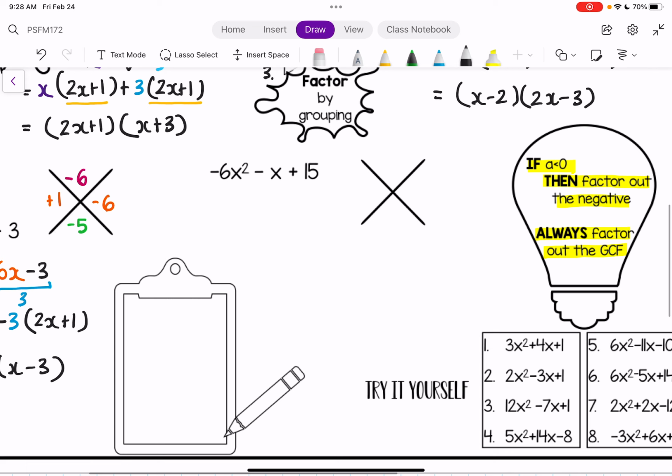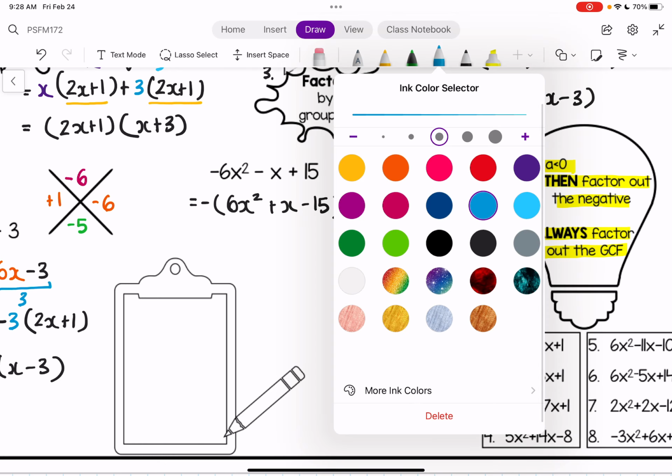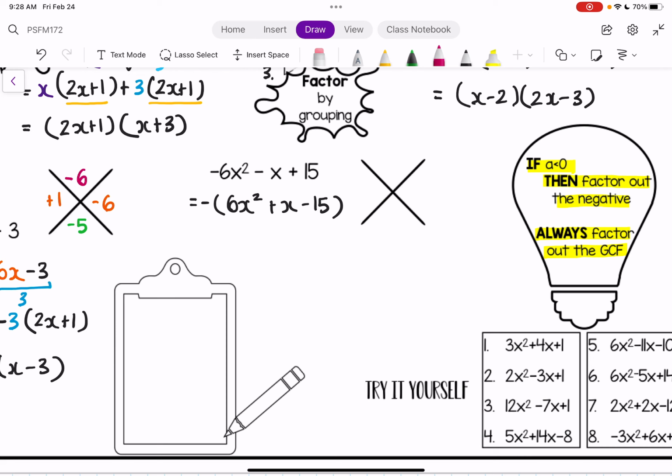So here, before we go to our x puzzle, we factor out the negative. There's no other common factor, so we're just going to factor out that negative. And now we want two numbers that multiply to negative 90 and add up to 1.